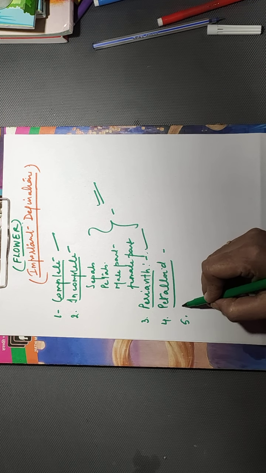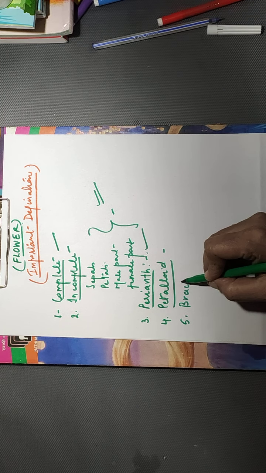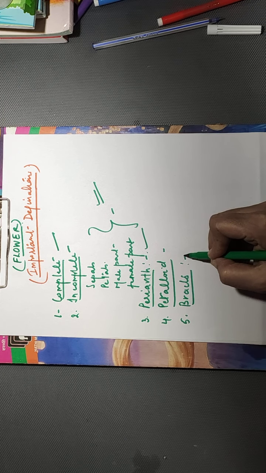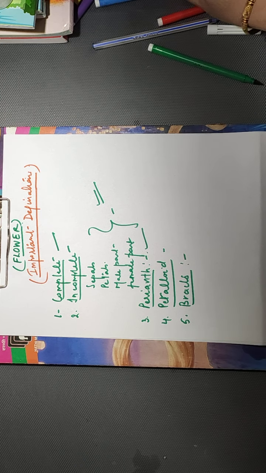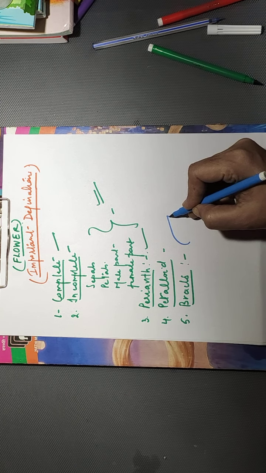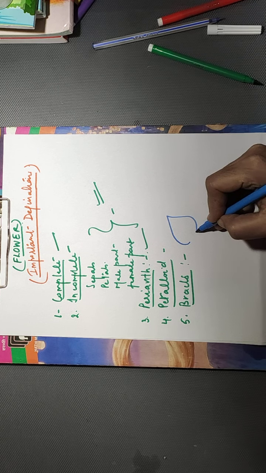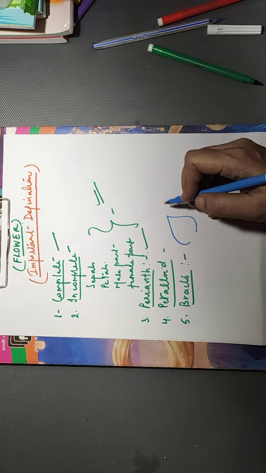Next is bracts. What are bracts? Bracts, just like in bougainvillea, as seen. This is a bract.